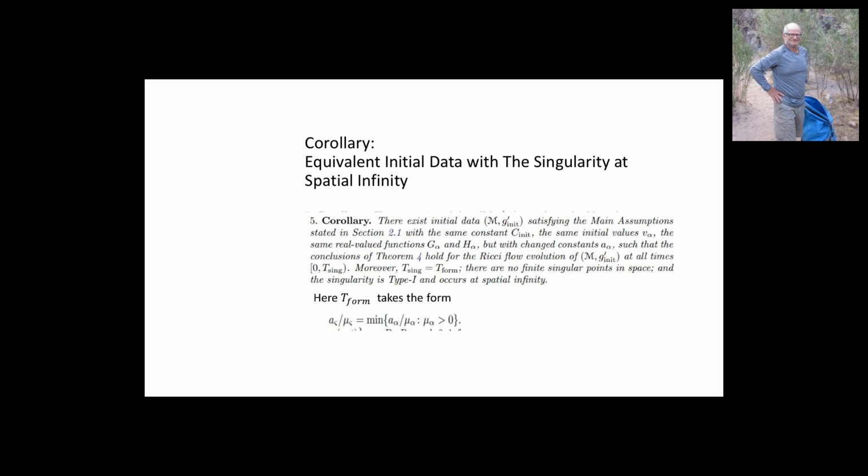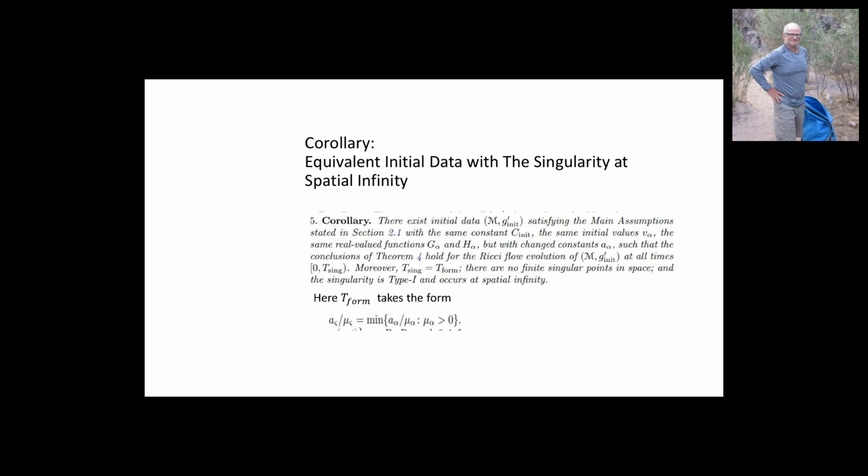In particular, there exists initial data satisfying the main assumptions I stated above, with that same control constant C initial, the same initial values of V alpha and the same functions G alpha and H alpha, but with certain small changes in this constant A alpha, such that the conclusions of the theorems I said above hold for all times.